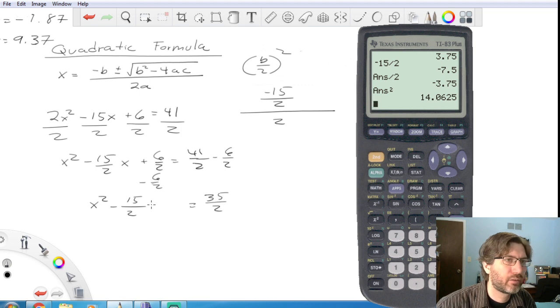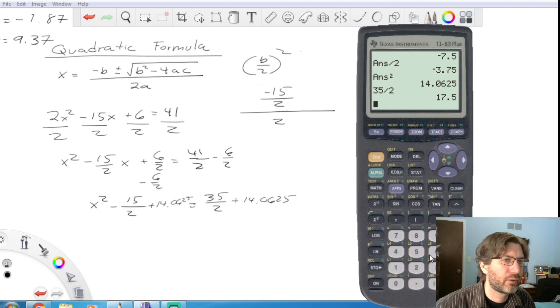I am then going to add that 14.625. So I want to add it like that. I lost the fraction for that, so I'm going to do everything in fraction and decimals now. That's 17.5, and then that doesn't matter. The square root of this should give me that negative 3.5 there, right?